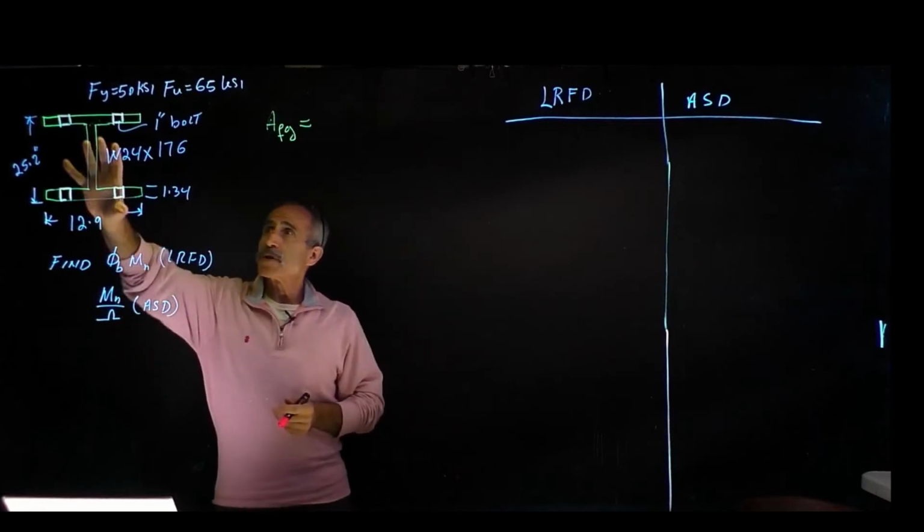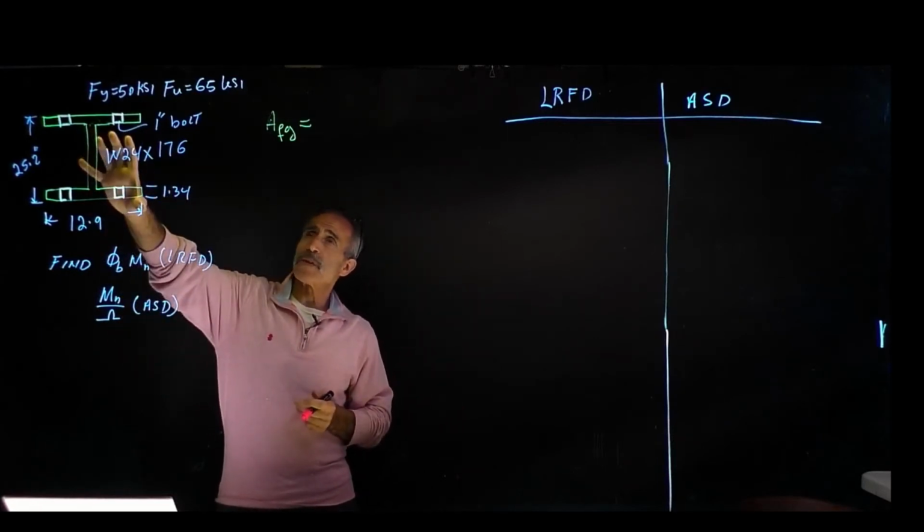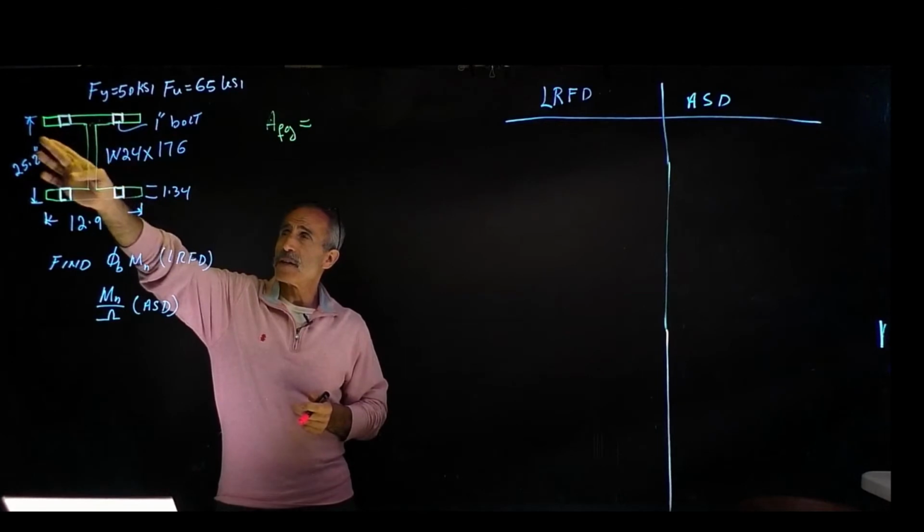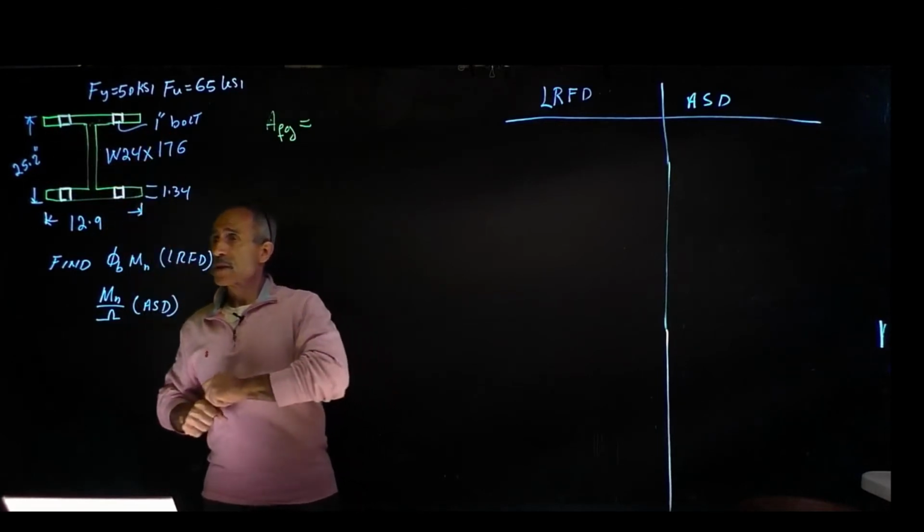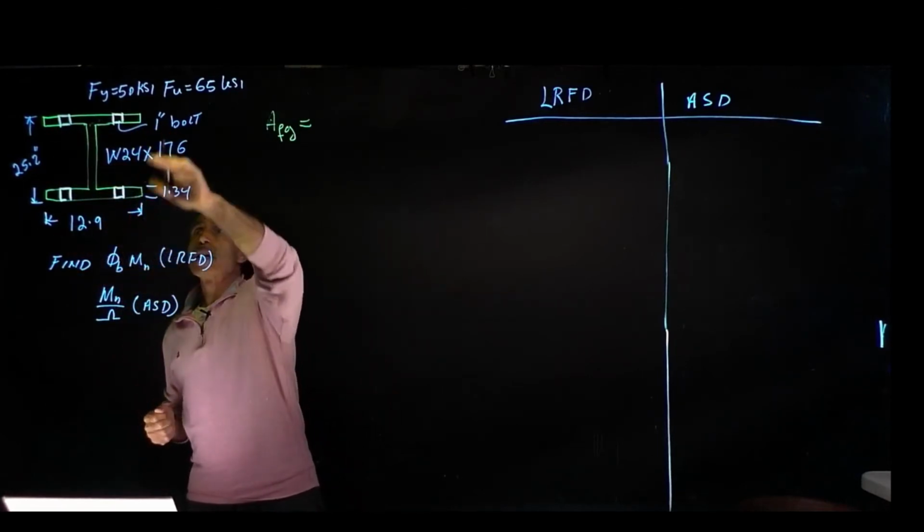Remember, be careful. Don't use the area for this whole thing. We just want to look at the area of the tension flange, which is basically BF times TF.